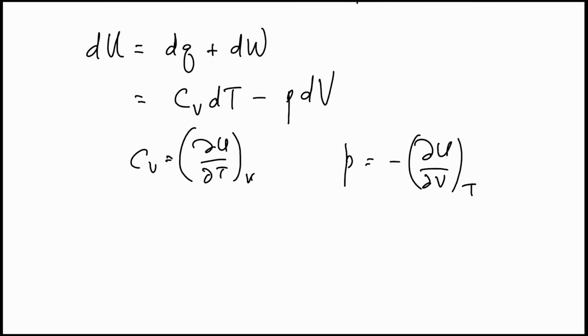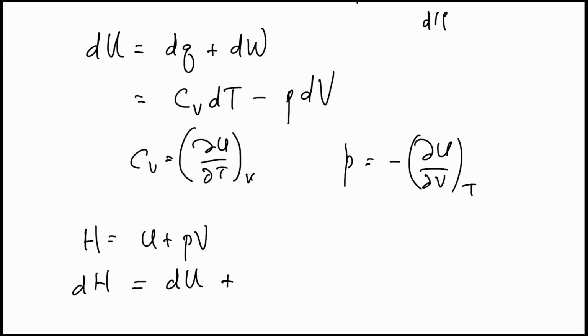Now if I take H equals U plus PV, and I calculate dH, I get dU. And now, I don't know what variables are really hiding underneath everything, but if I take the differential of a product of two functions, like if I take d(FG), then I have F dG plus G dF.